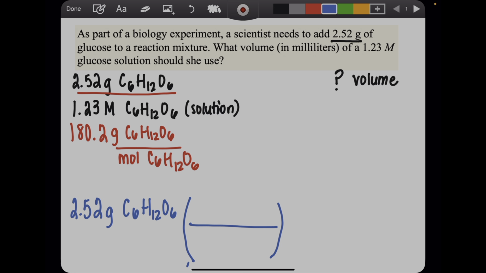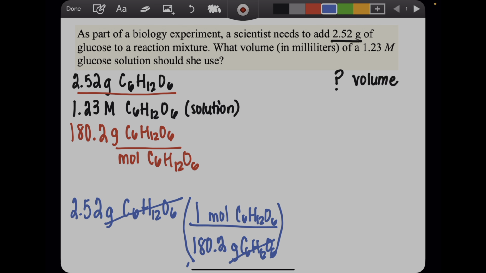So we'll put 180.2 grams of glucose over here, so we can cancel that out, per mole of glucose. So that helps cancel those units out. But now I have moles of glucose, which is not my goal. My goal here is to know how much volume she needs.